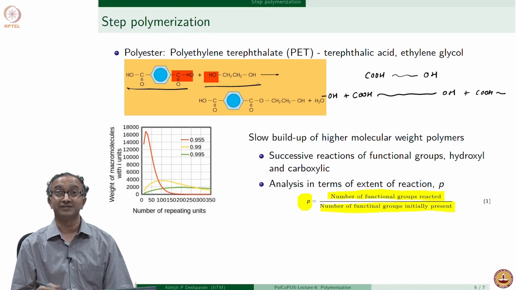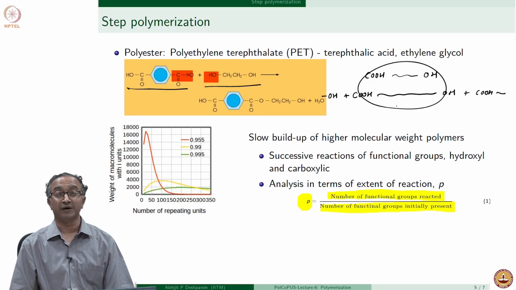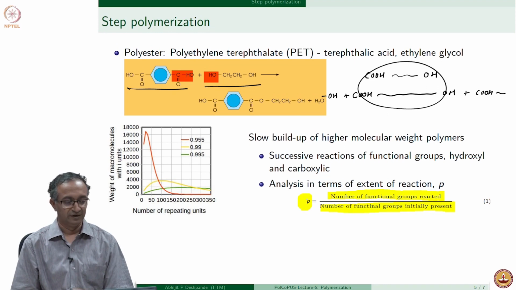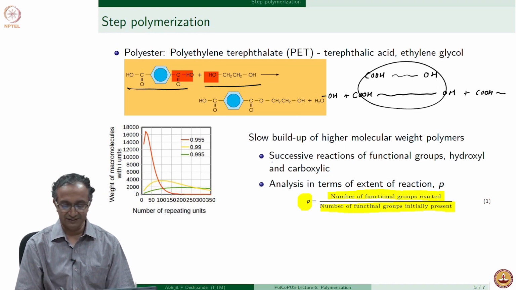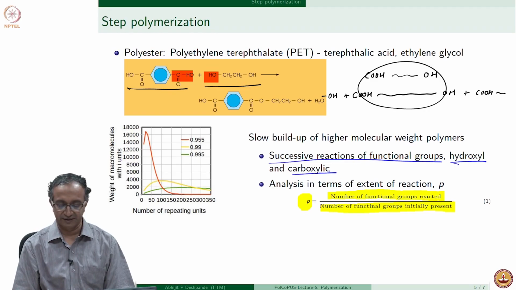If the groups are disappearing, which means the reaction is taking place and macromolecules are being formed, this ratio is very useful. As I mentioned, there is a successive reaction of functional groups between hydroxyl and carboxylic acid groups, and therefore there is a slow buildup of molar masses.